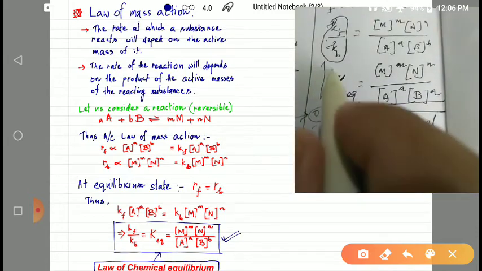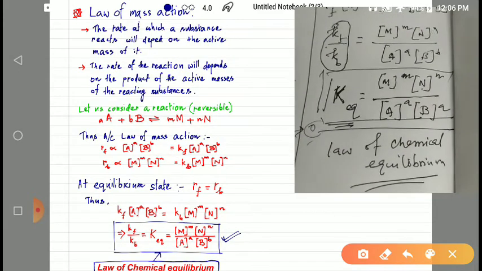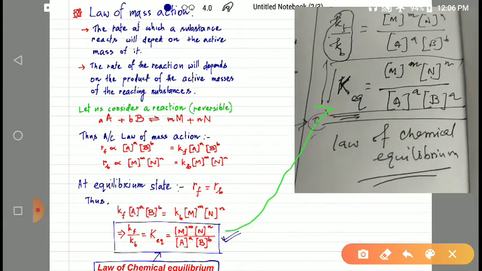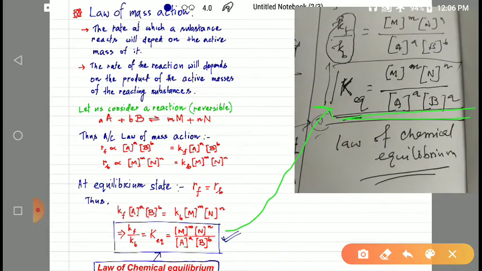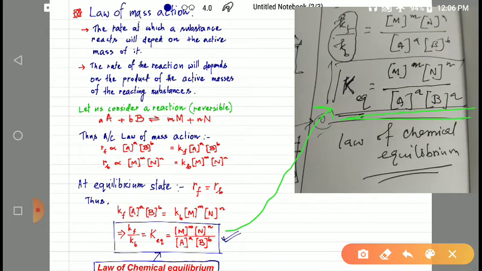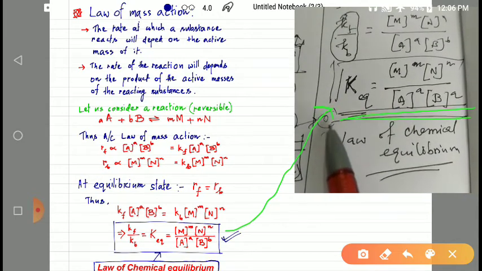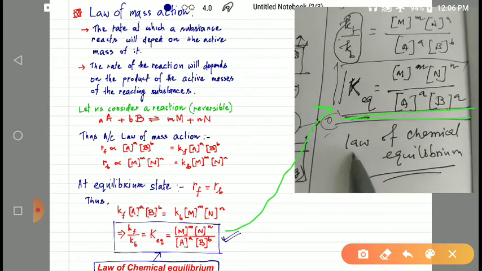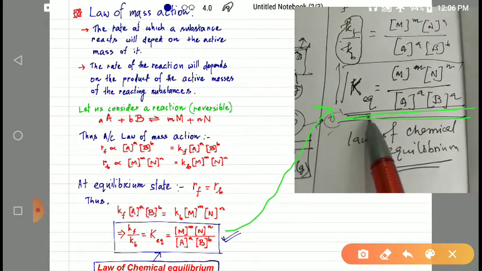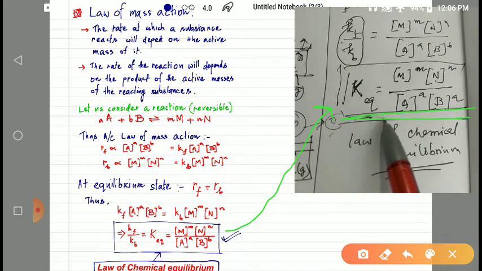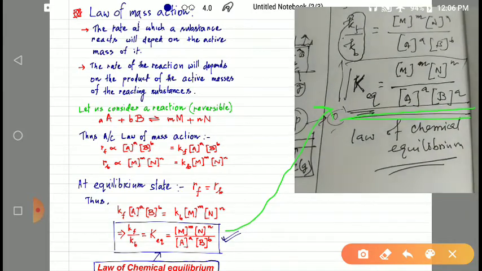So this is an important point. Here, just by using the concept of the law of mass action, we derived this law of chemical equilibrium, but we can also derive this equation by using a thermodynamic concept. So now we have to derive this equation by using the concept of thermodynamics.